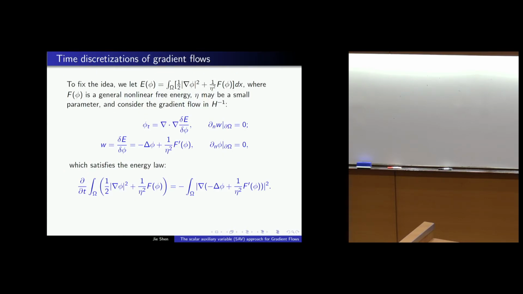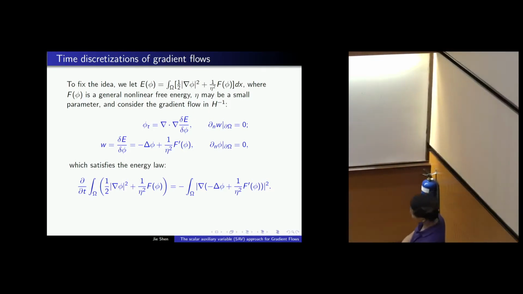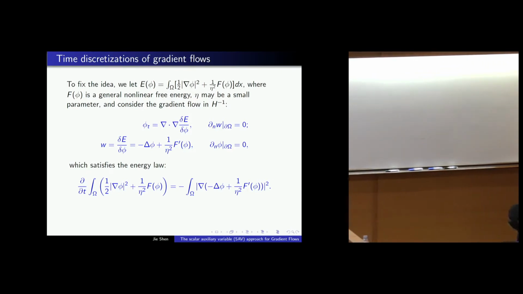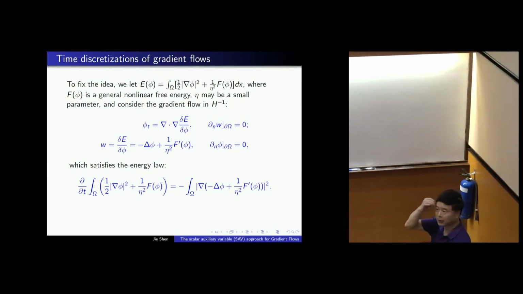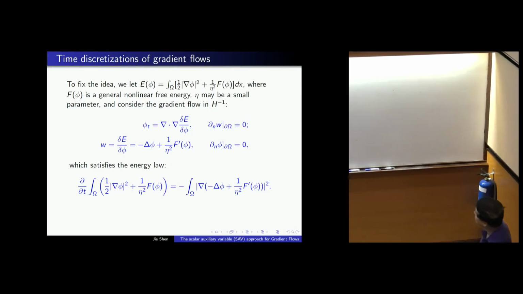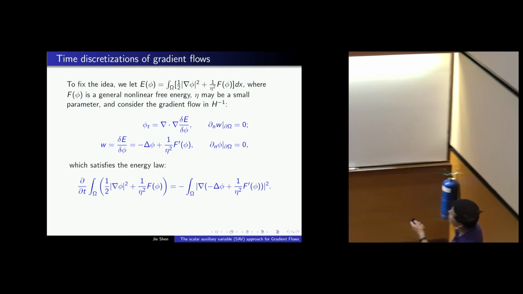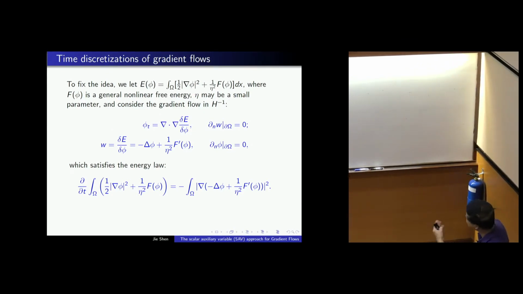So this talk is about how to do time discretization of gradient flows. As Charlie did yesterday, we're going to talk about the H-1 gradient flow primarily, because the L2 gradient flow is much easier to deal with. If you know how to deal with H-1, the L2 gradient flow is easy to deal with.